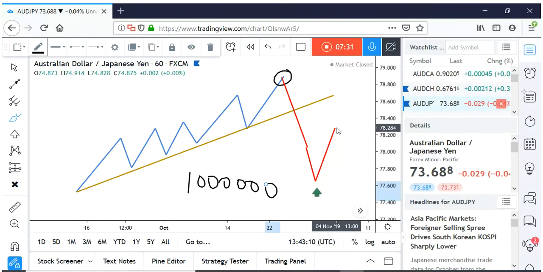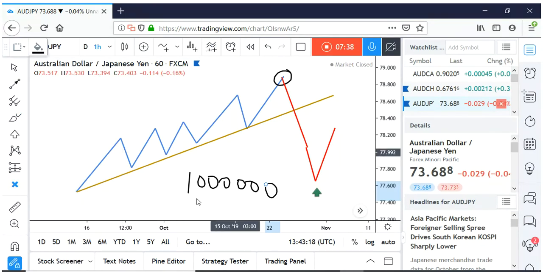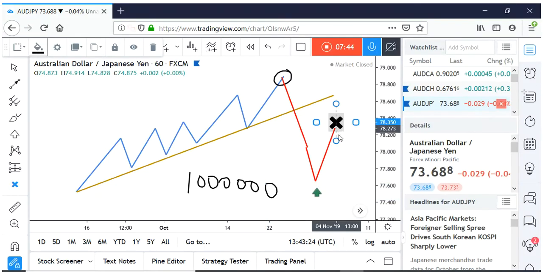They move the market up. Once the market moves up, remember by now there are people selling already. So when they move the market up, they'll take another profit here. And once they've taken profit again from this buy order, the market will now move down again.